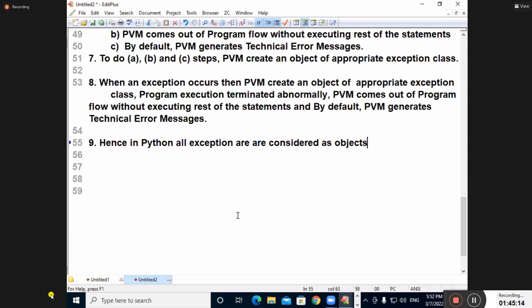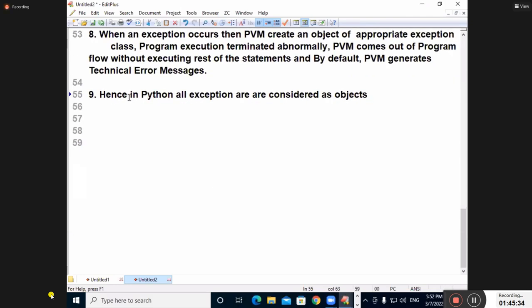Have you seen index error? Module not found error, attribute error, unbound local error, global variable, local variable. We have seen some errors, or not? All sorts of errors are called what? Exceptions. Hence, in Python, all exceptions are considered as what?